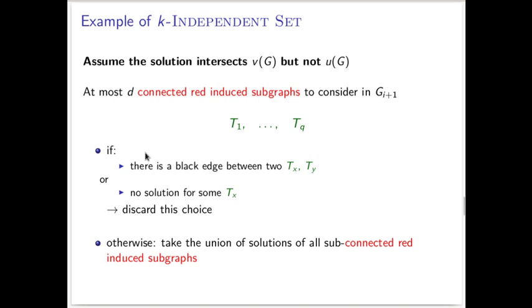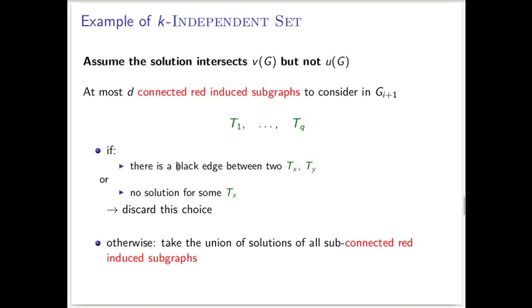The crucial point why we only need to consider red edges is because we cannot have a black edge between bags which are concerned by the solution we are looking for, because the solution would not be able to intersect both these two bags, since there are all possible edges between them. So if there is a black edge between a Tx and a Ty, then we can immediately discard this choice.